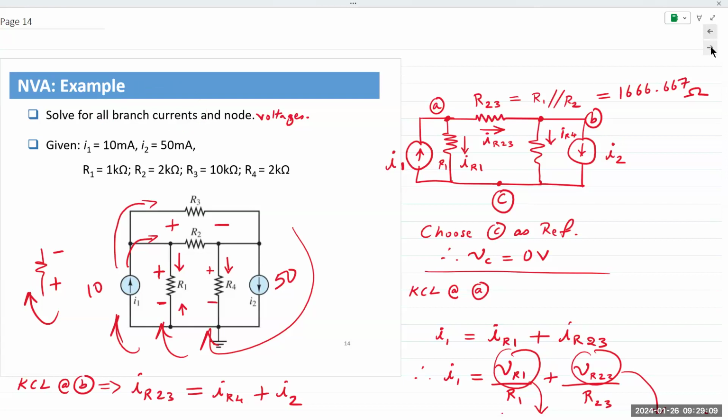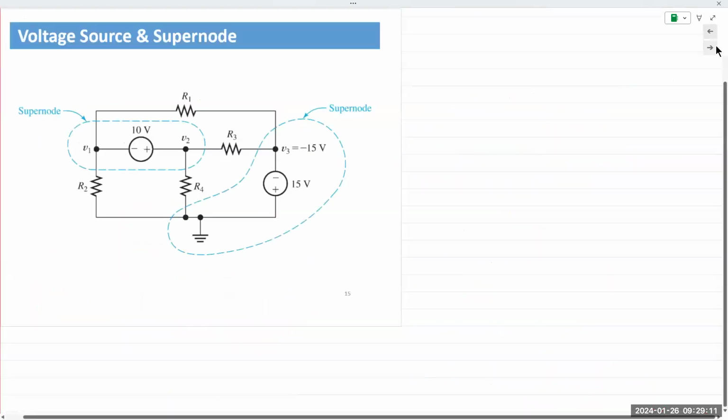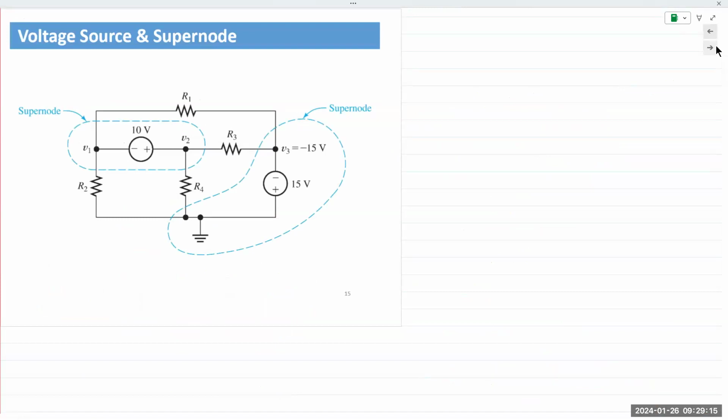All right. So one last topic about node voltage analysis is if you have one or more than one voltage source. Now, for node voltage analysis, we write KCL equations, right? If you're writing KCL equations, we want to describe the currents flowing in each branch.